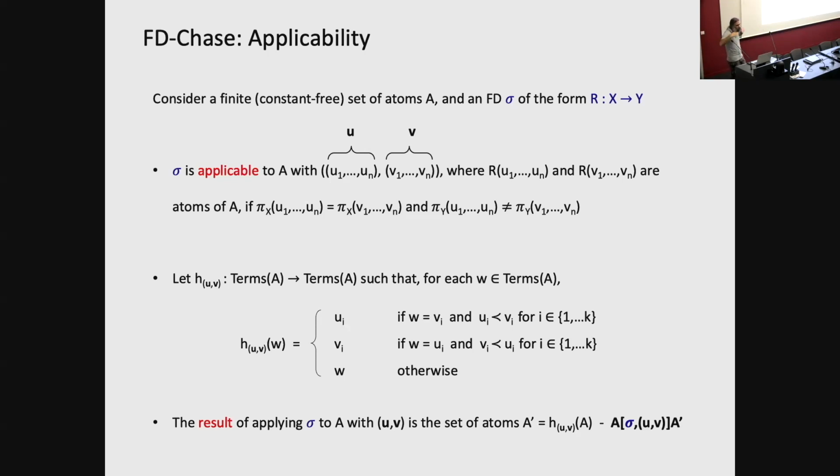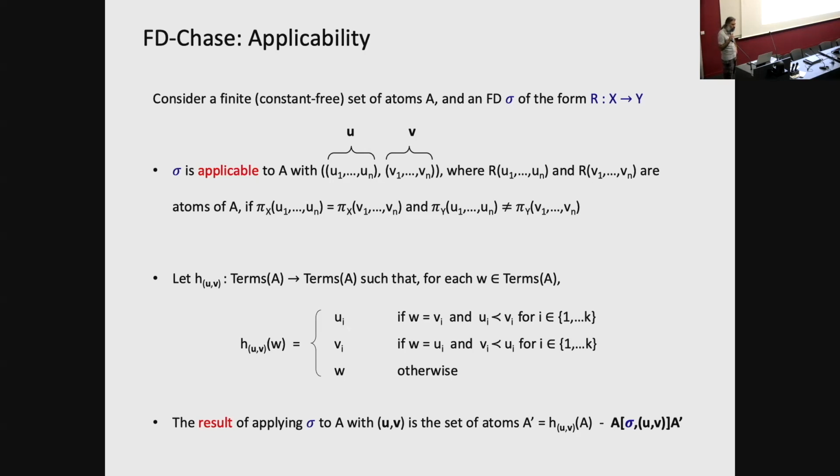Which means that if I have constants in there, I have to carefully treat this additional case, which is a bit annoying, right? And then say that actually the chase fails in this case, right? There is a failure. And then we have to carefully treat this case. It can be done, but this is the additional complication that I just wanted to get rid of by focusing on constant free sets of atoms, okay?